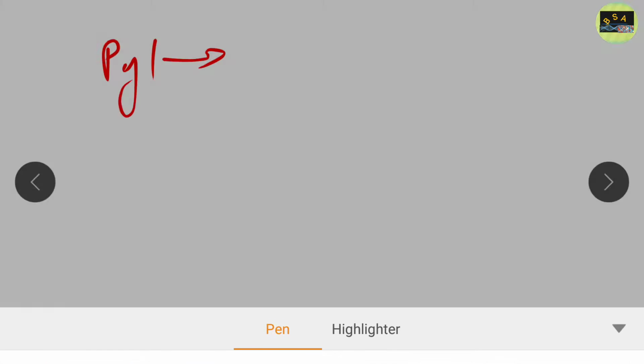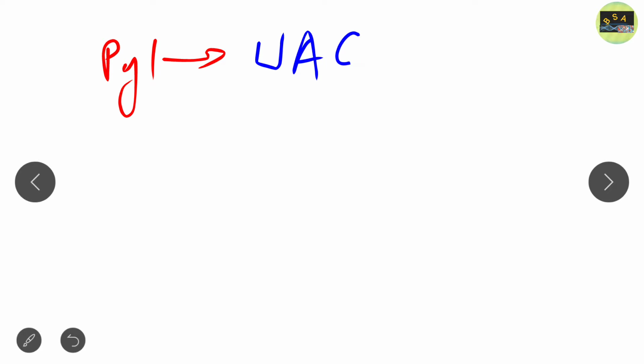The codon that encodes pyrrolysine, I will write the three-letter word, is what? UAG. In the case of selenocysteine we see UGA, but in the case of pyrrolysine the codon is UAG. Clear?